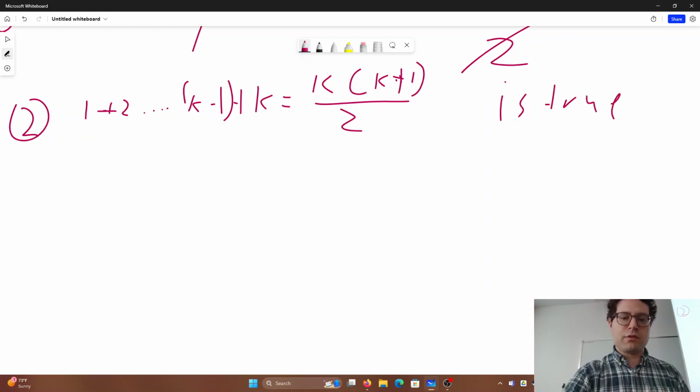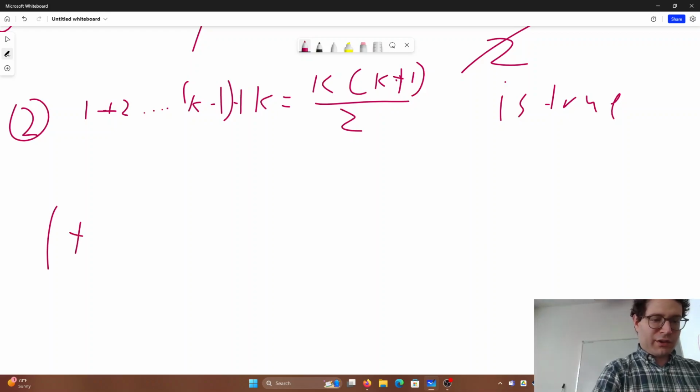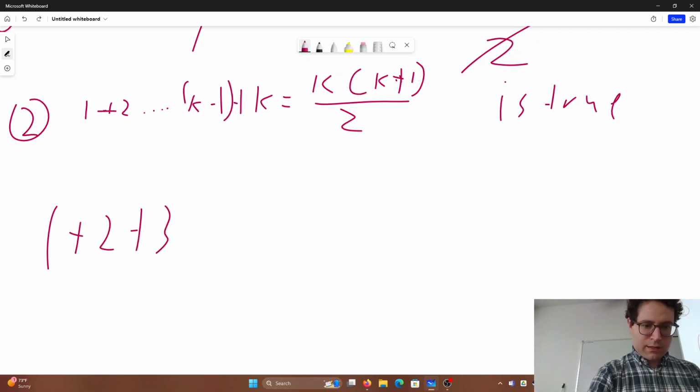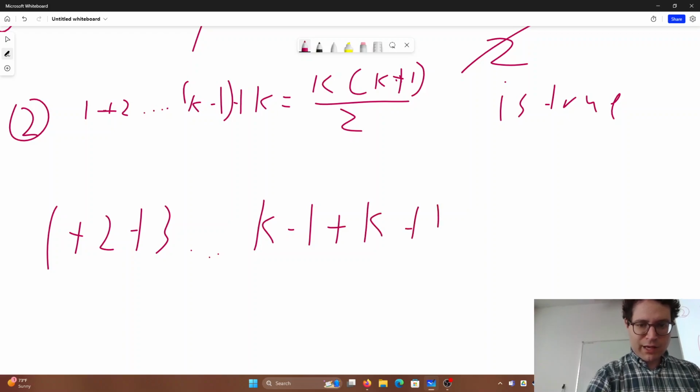So now we want to prove this statement, which is 1 plus 2 plus 3 plus ... plus k minus 1 plus k, and I'm going to add in some parentheses, plus k plus 1. It's really hard to draw with your finger.